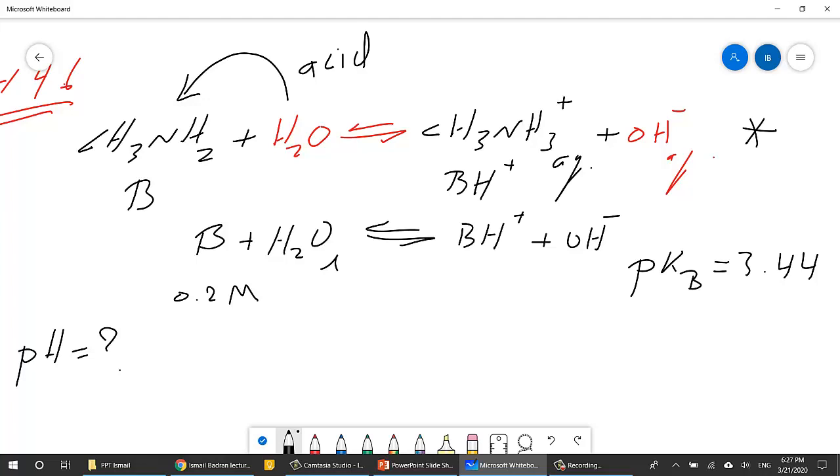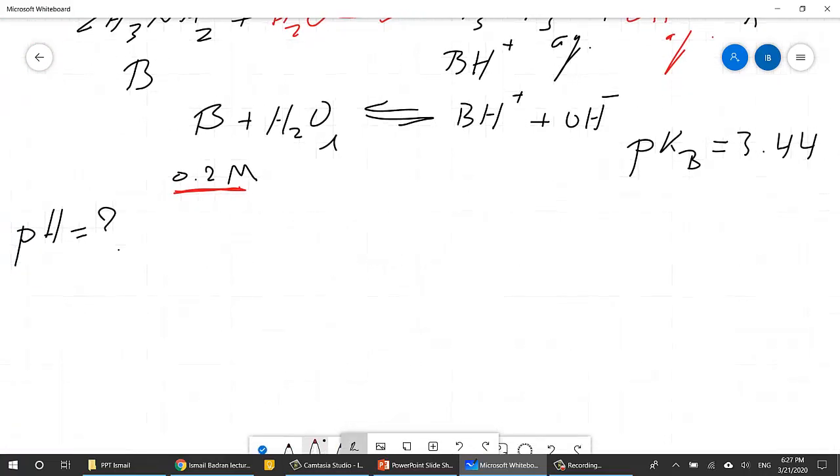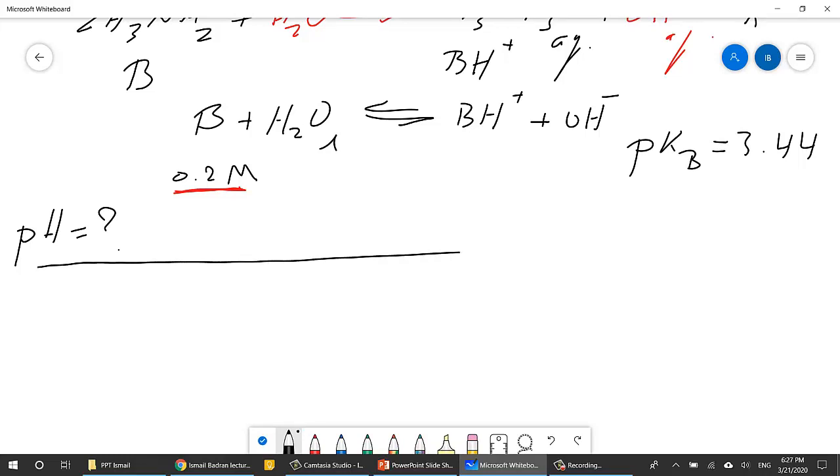Now, how do we know it's a weak base? Based on its pKb, which is 3.44. If you calculate the Kb, it will be a small number. We are provided with the pKb and we are asked for the pH, and we have an initial concentration of 0.2 molar. The solution to this problem is very similar to the solution of the previous problem. The difference is that we are dealing with Kb and not Ka. First we need to calculate the Kb of this base.